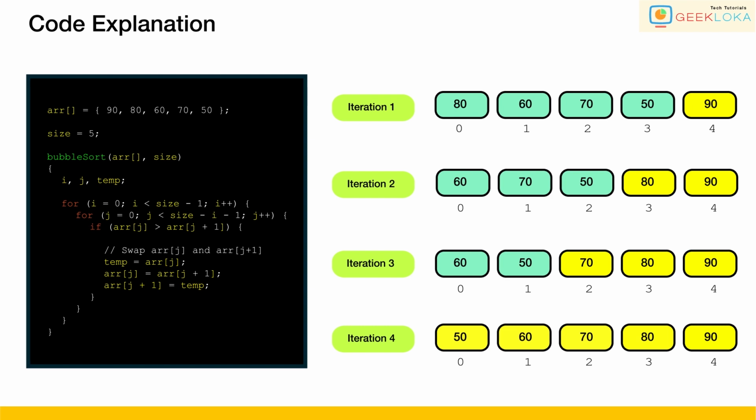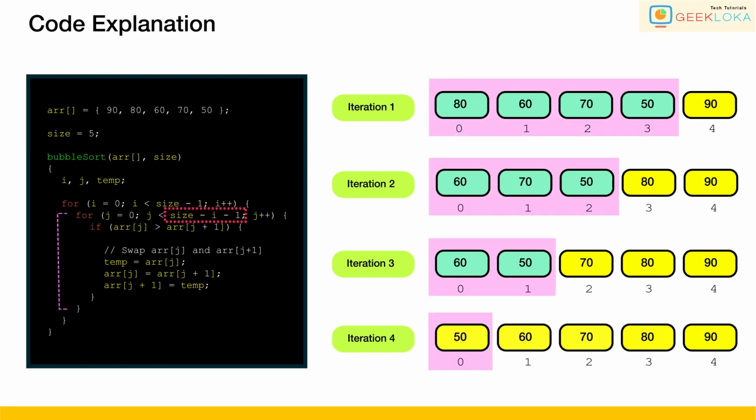Then, let's focus on the optimization part, the size minus i minus 1 in the inner loop. Here is where the algorithm saves time. On each pass, as the largest number settles at the end, we don't need to compare it again. So, the range of comparison reduces with each iteration. After the first pass, the last element is sorted.